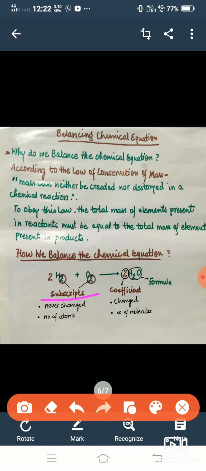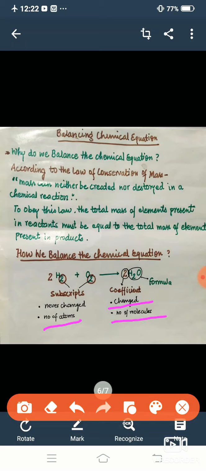Here the subscript can never be changed. During balancing of the chemical equation, we don't change the subscript, and the subscript shows the number of atoms. The coefficient may be changed to balance the chemical equation.